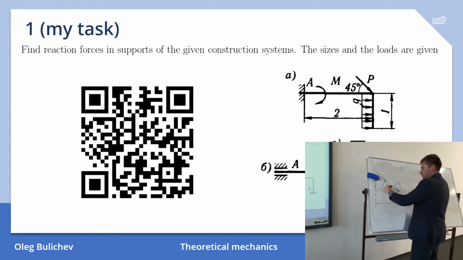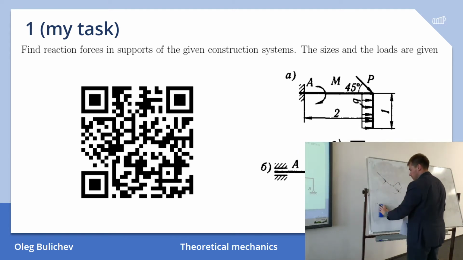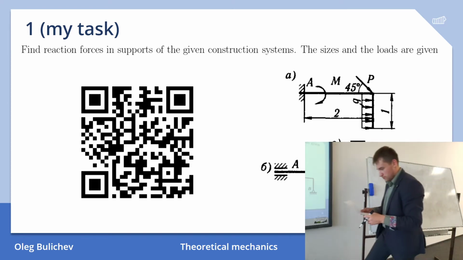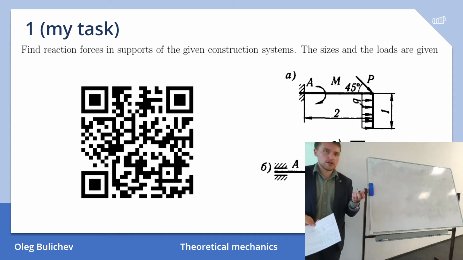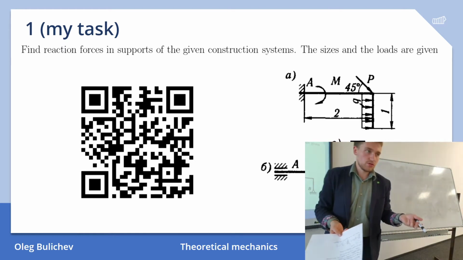So if we put our force there, actually the line will be the same. Torque can be at any place of the body. You can put it in other places because it's like angular velocity for the body.